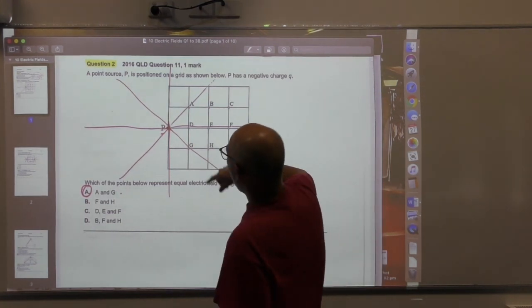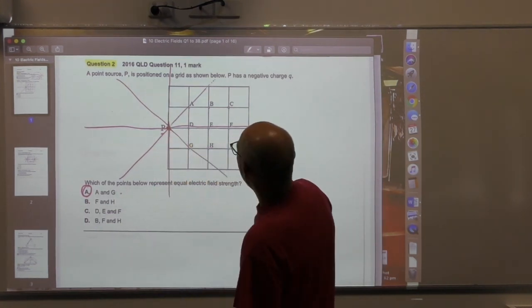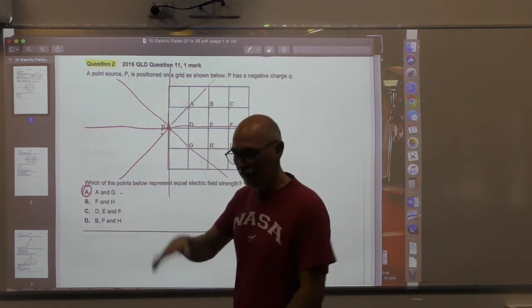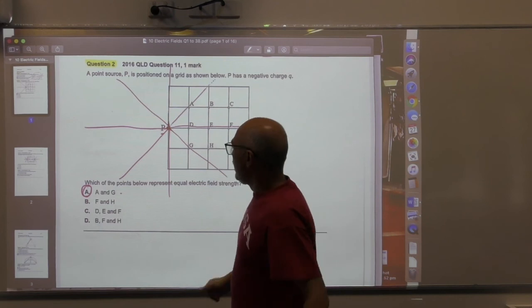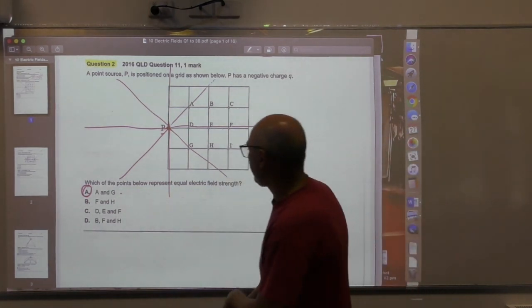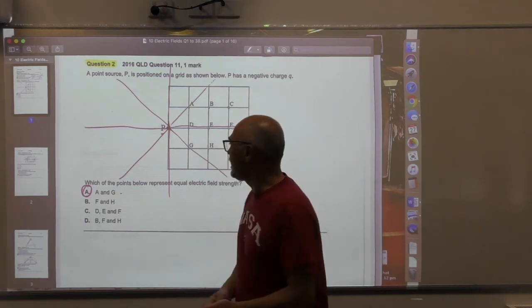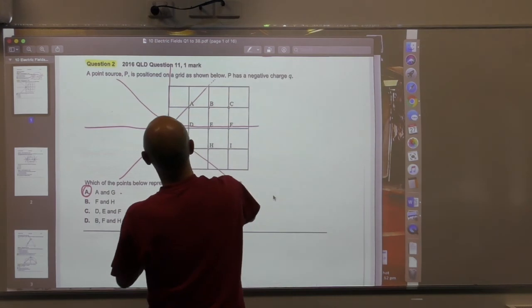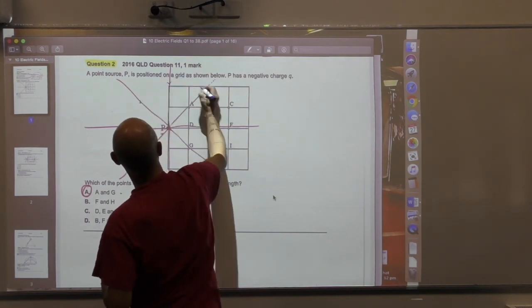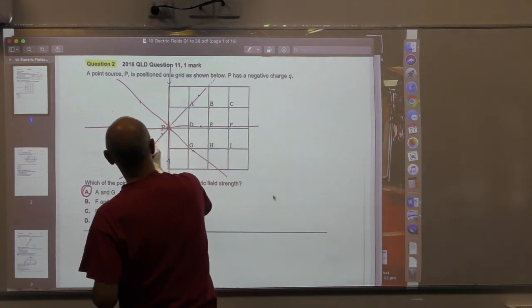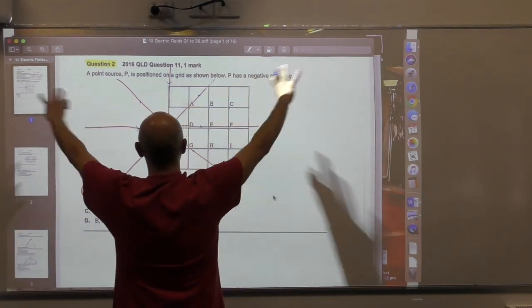Okay, question 2. A point source P is positioned on the grid as shown below. P has a negative charge of Q, so whatever, doesn't matter. Which of the points below represent equal electric field strength? Now the reason I've drawn these lines in here: it says it is a negative charge, which would mean technically I should have little arrows, and they radiate out from a point charge uniformly.